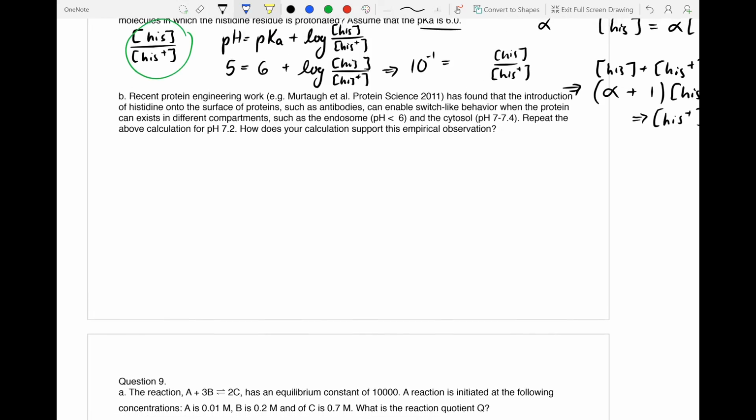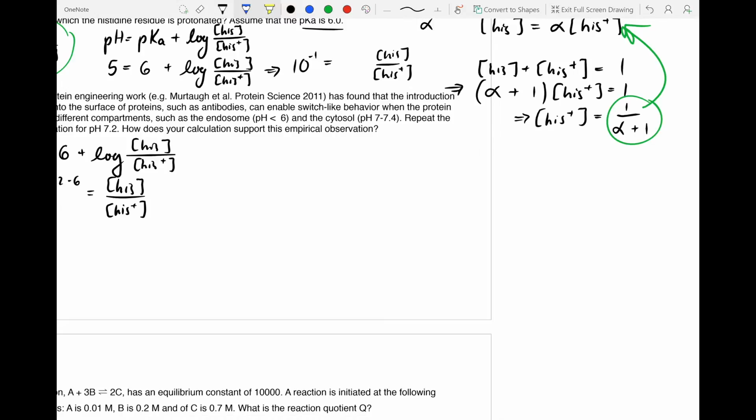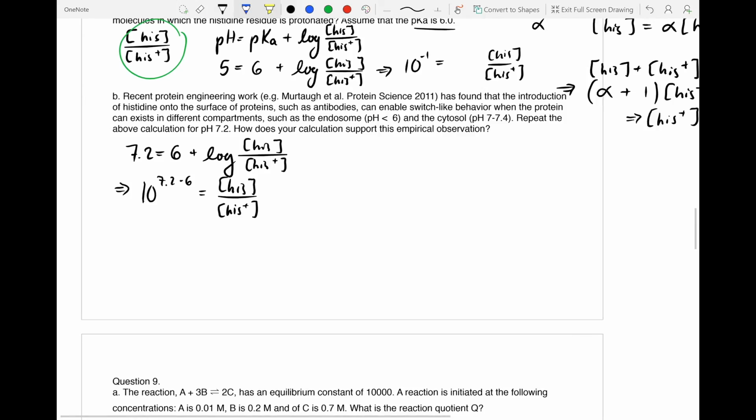So same thing, just Henderson-Hasselbalch. And this is going to look like the following. And you're just going to use the same procedure to get the fraction of histidine and its protonated form.